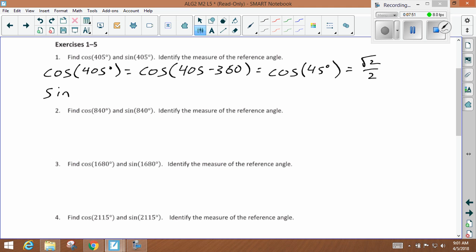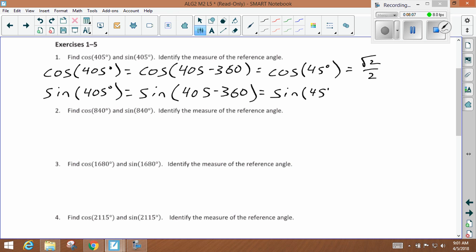And then likewise, we could say that sine of 405 is equal to sine of 405 minus 360, which is the same thing as sine of 45 degrees.